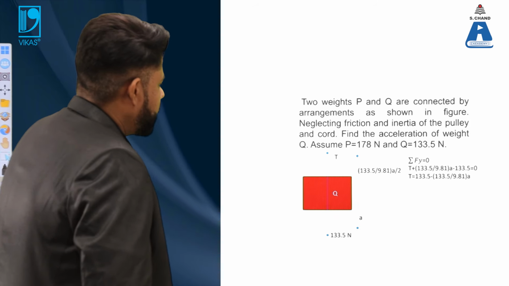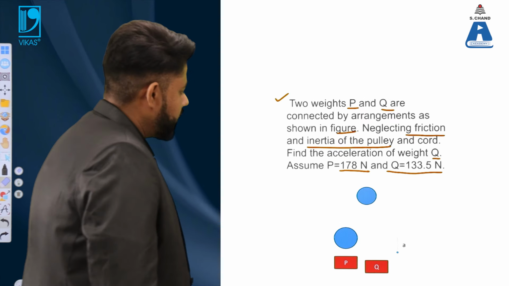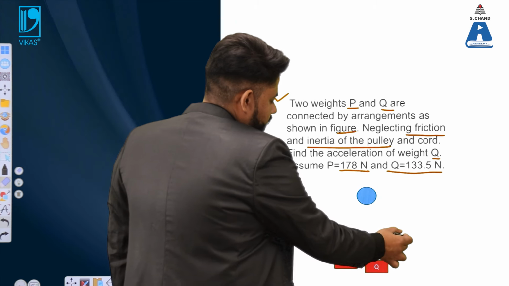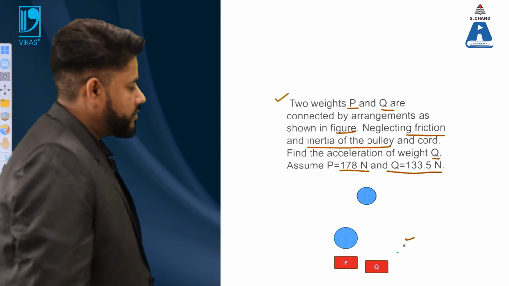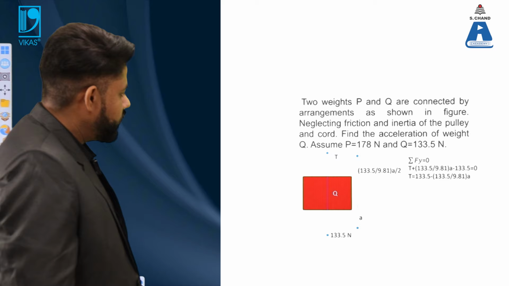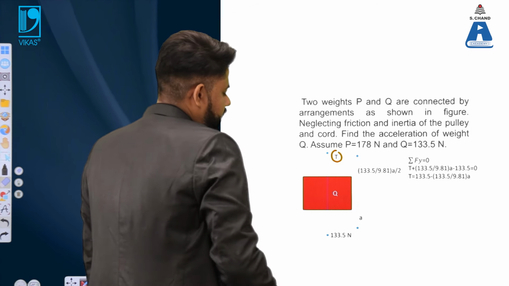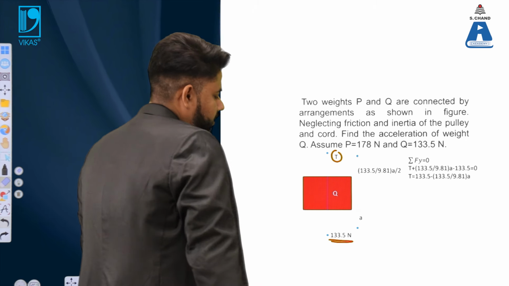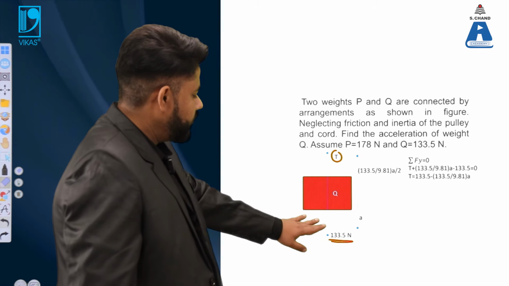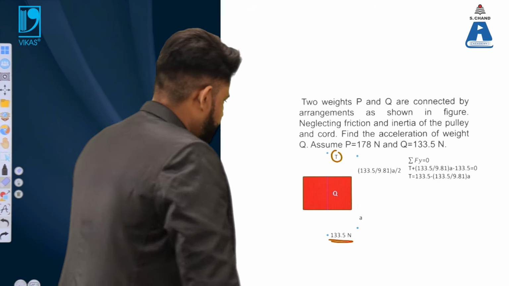Additionally, if I look at the Q part, Q was connected, as per the diagram, to one pulley only. So the acceleration would be this A in this case. You have to consider this Q, which has a single tension T, and a load of 133.5. Additionally, this 133.5 has a counterbalance, which is MA.